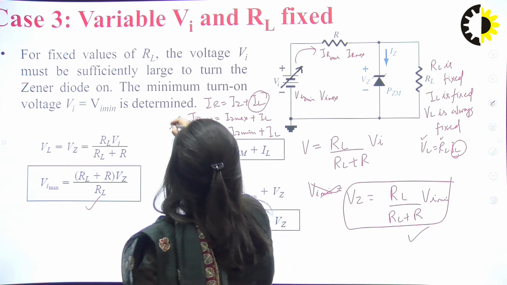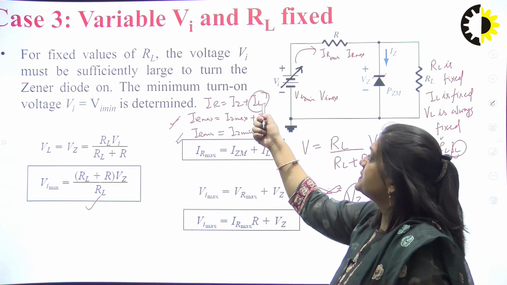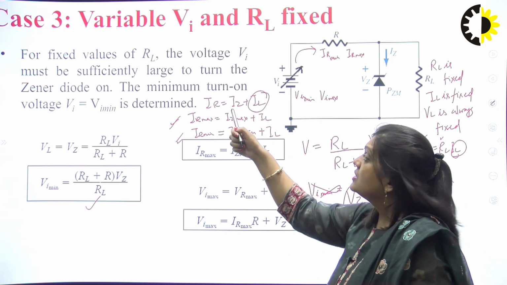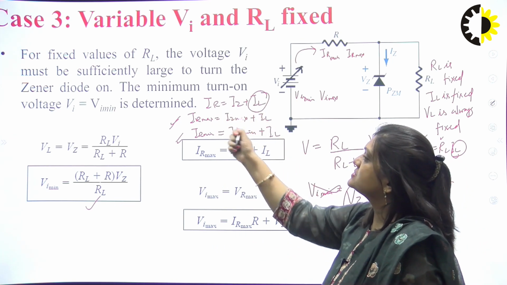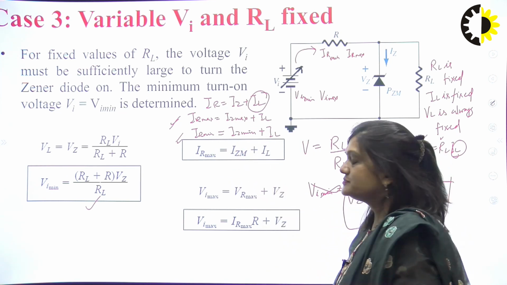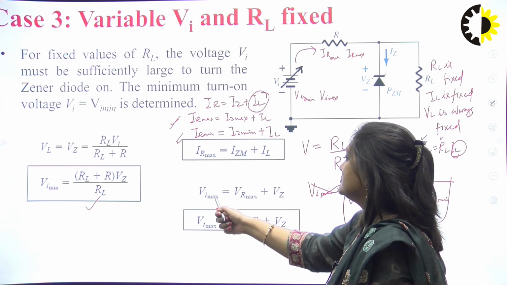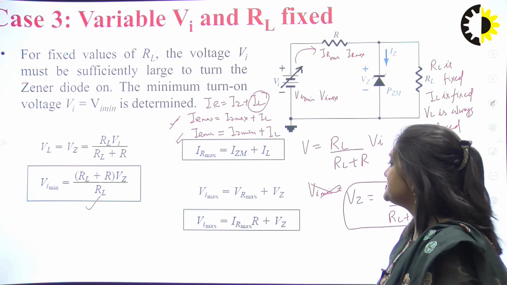So these two equations will be valid in this case, because IR is equal to IZ plus IL and IL is fixed here. So IR max and IZ max will be there, and IR minimum and IZ minimum will be there.